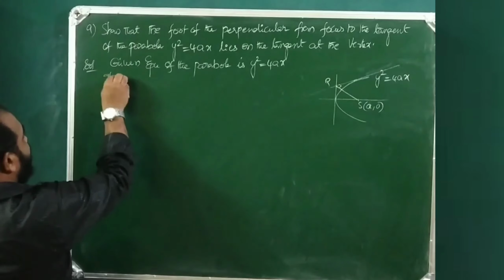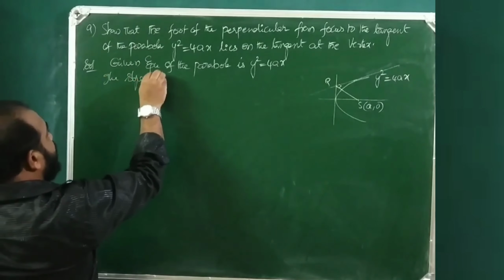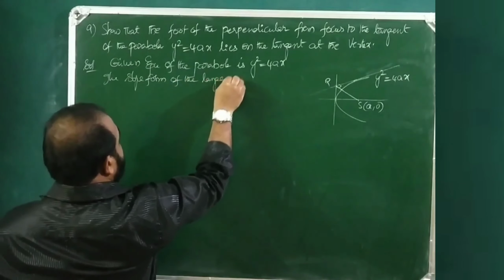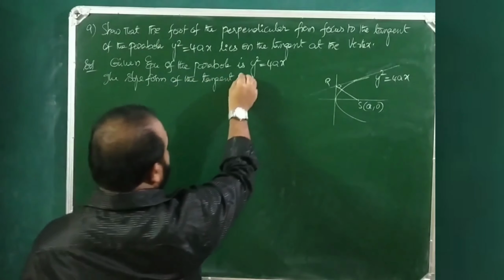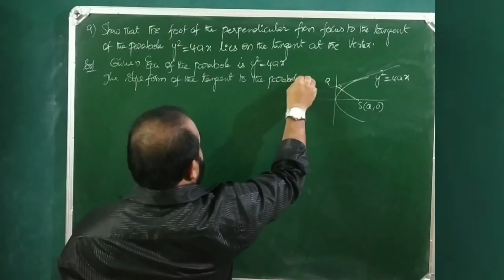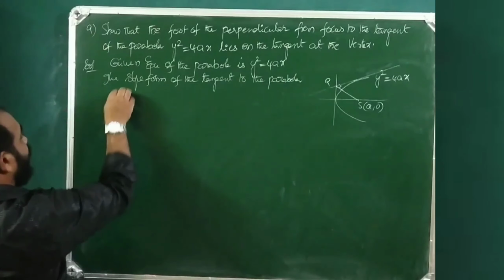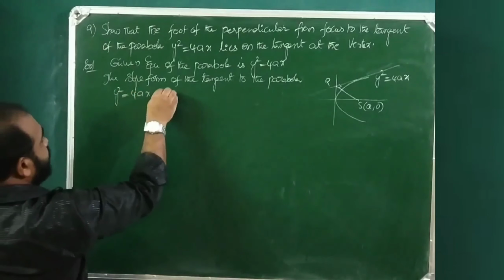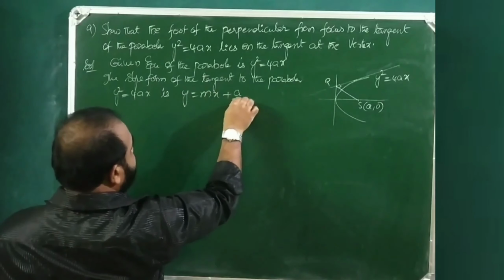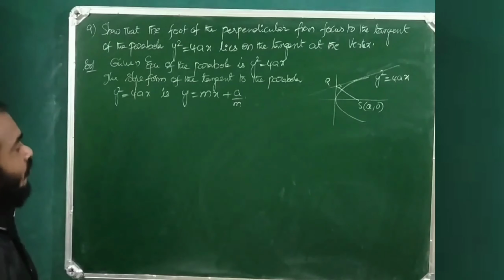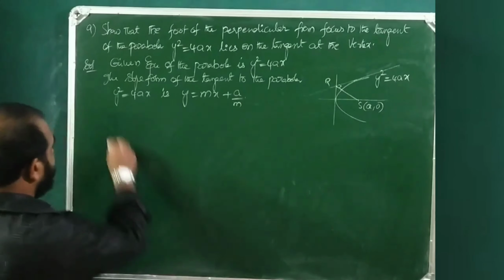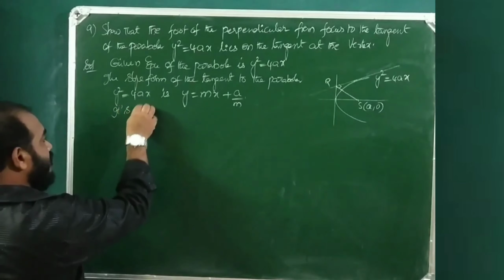The slope form of the tangent to the parabola y square equals to 4ax is y is equals to mx plus a by m. Its slope is m.